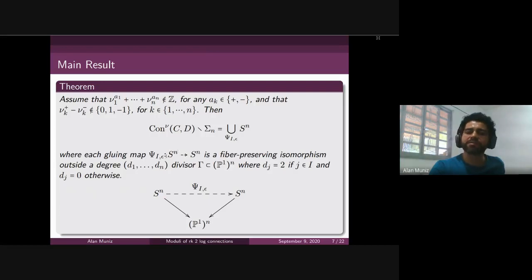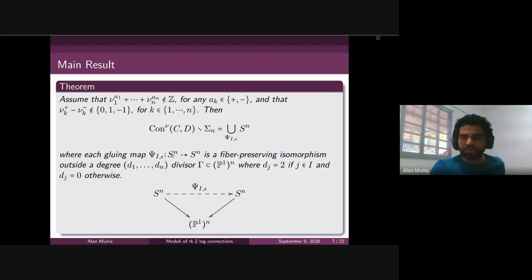Recall, S is P1 cross P1 minus the diagonal. We have one projection that goes to P1, and we have projections from S^n to (P1)^n, and this diagram commutes.